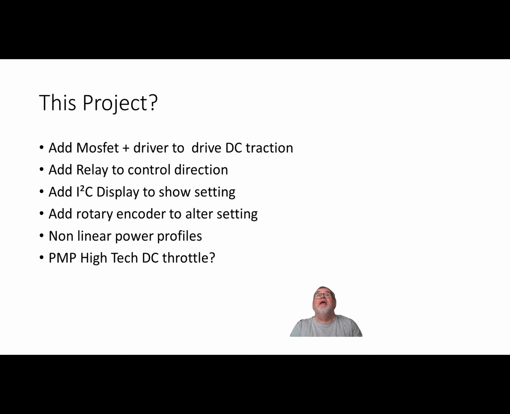We could add a rotary encoder. Oh, by the way, the I²C for the display and the rotary encoder are just other includes back at the place where the thing is with all the chips. I just say, oh, add an I²C and add a rotary encoder. I could add non-linear power profiles so that it gives me more pech at the bottom end of the throttle. And we've now got a new pocket money project, a high-tech DC throttle.